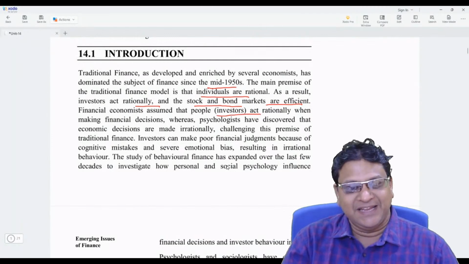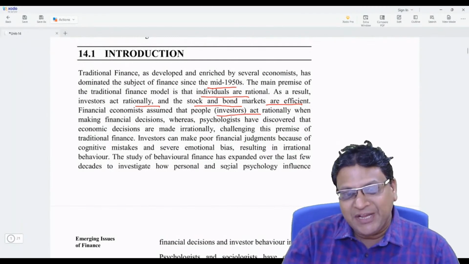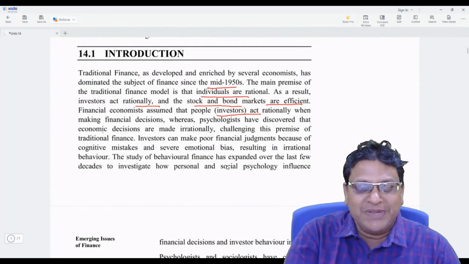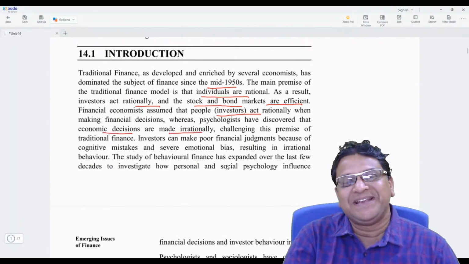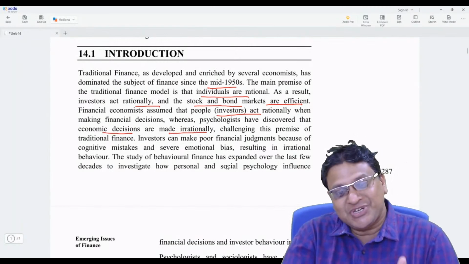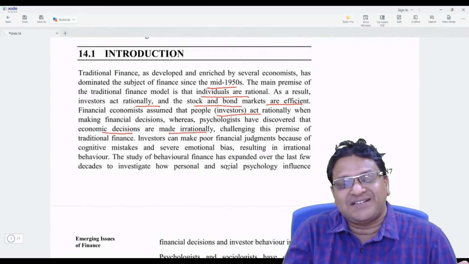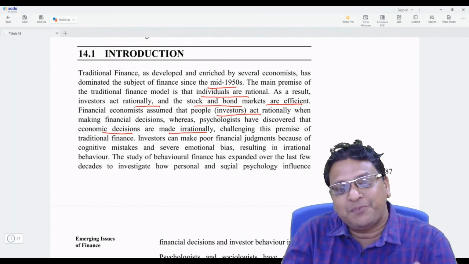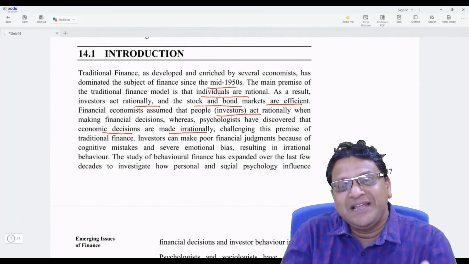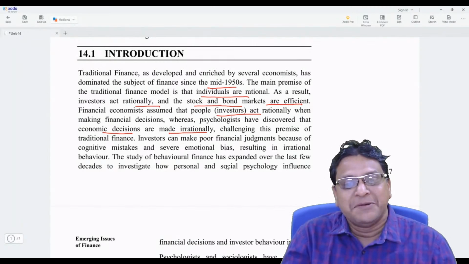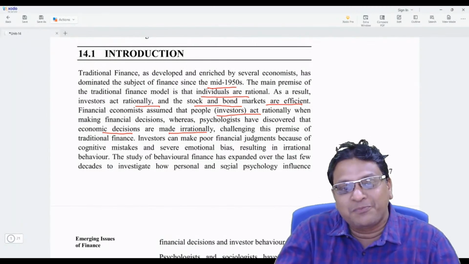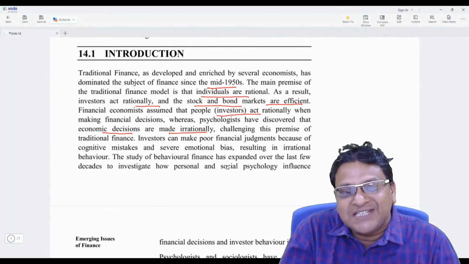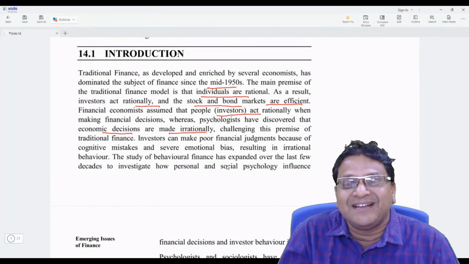But practically, we see that the psychologists have discovered that most of the economic decisions are made irrationally. Just the opposite of traditional finance. All the theories of traditional finance are based upon the concept that the investors are rational, but behavioral theories or behavioral finance assume that the investors are irrational in nature.